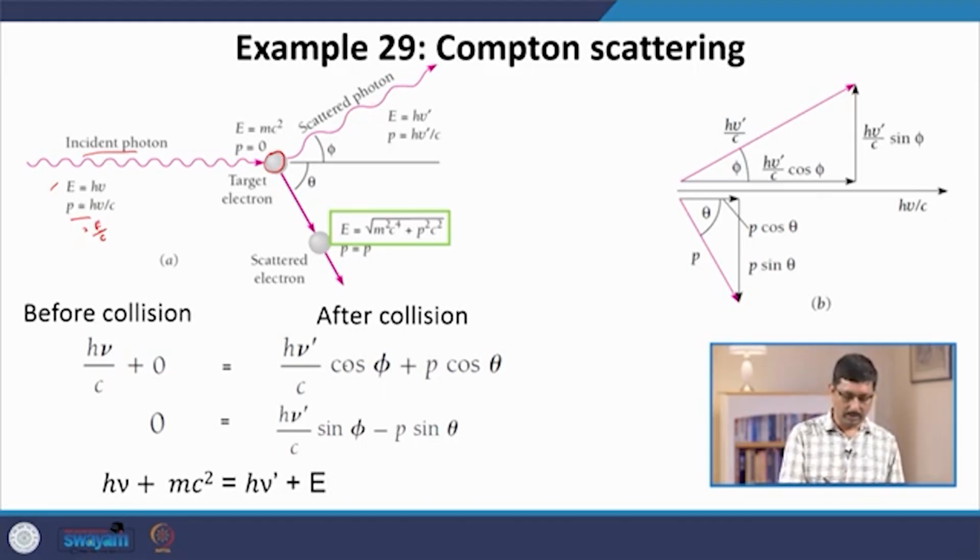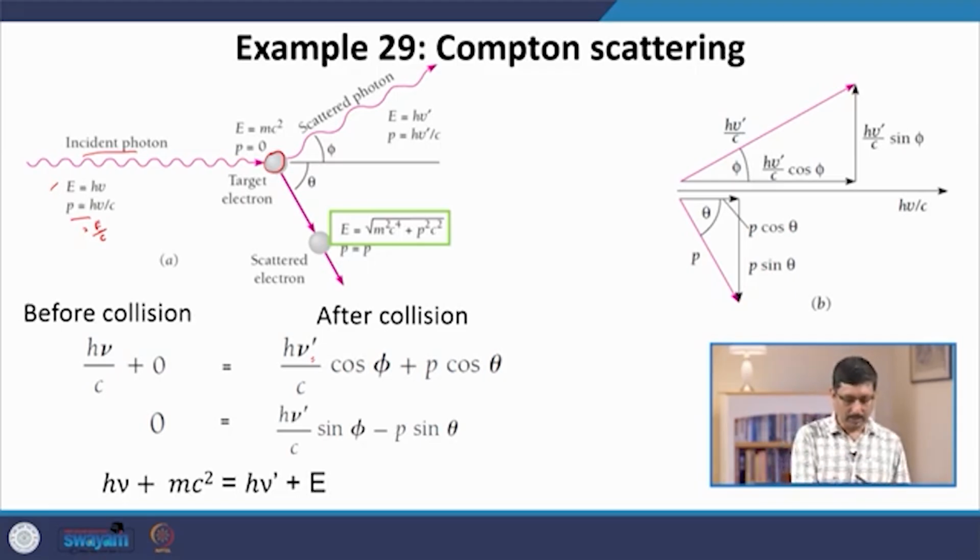After collision, let us say the frequency of the photon is nu prime, and it goes in a direction which makes an angle phi with the original direction. The electron also moves in a different direction, making an angle theta, such that for this two body system of incident photon plus target electron, the total momentum remains conserved.